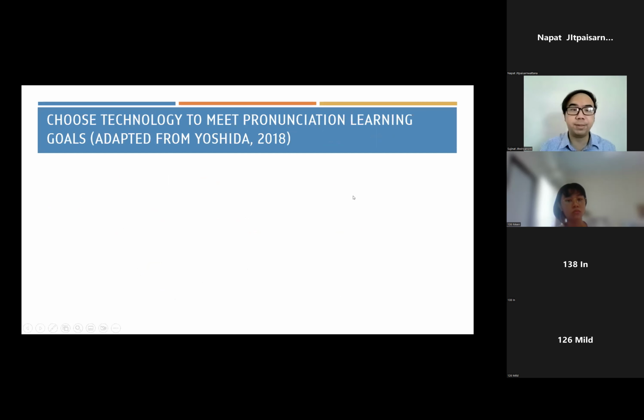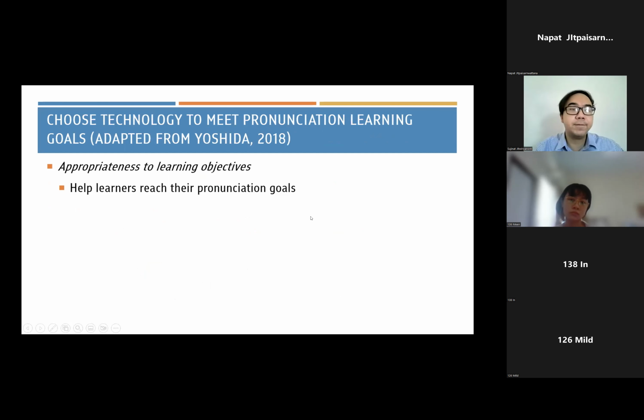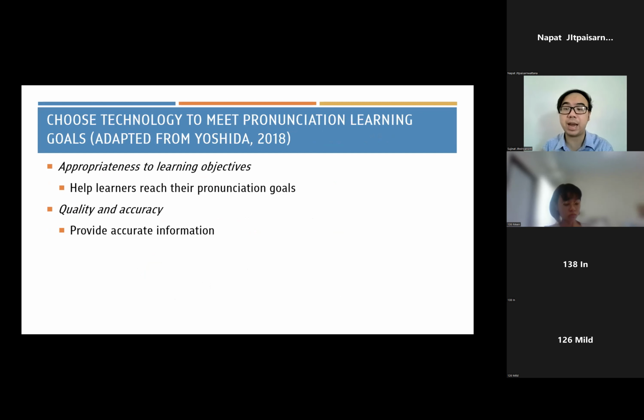The first one is the goal of choosing technology. The tool should be appropriate to learning objectives, that is, the set of goals that you want to achieve. And quality and accuracy are very important because if you use technology, you should be able to rely on it, right? So the quality of the information or the evidence provided by the technology should be accurate.